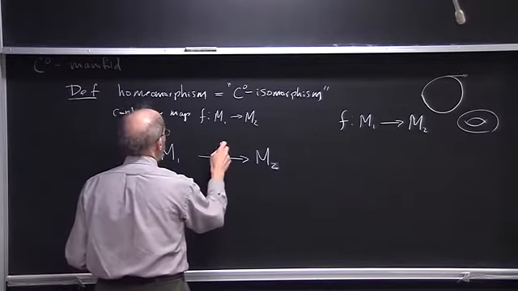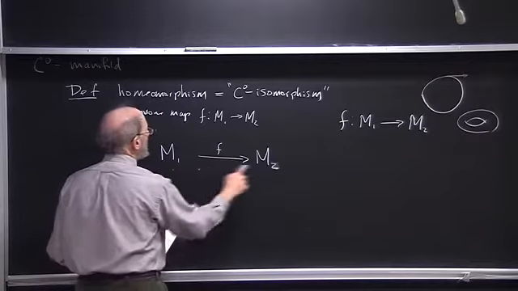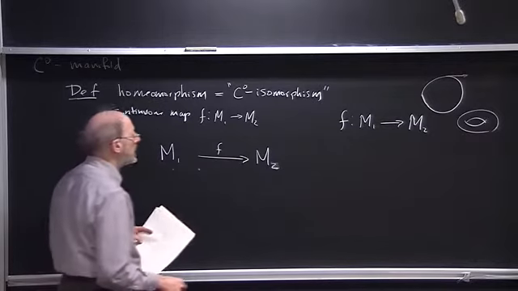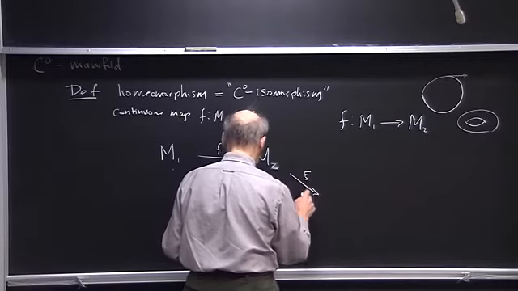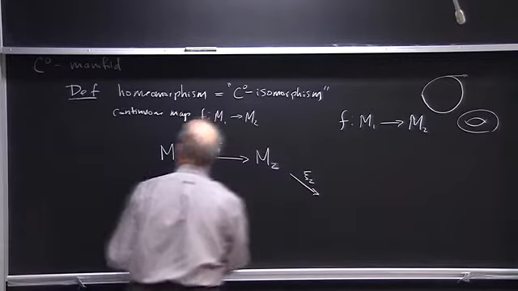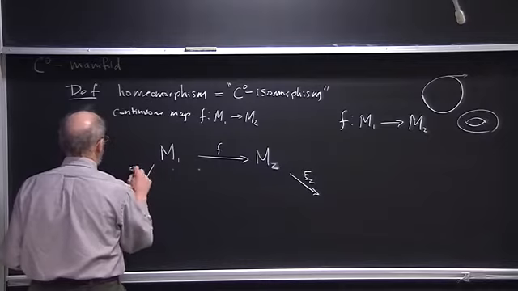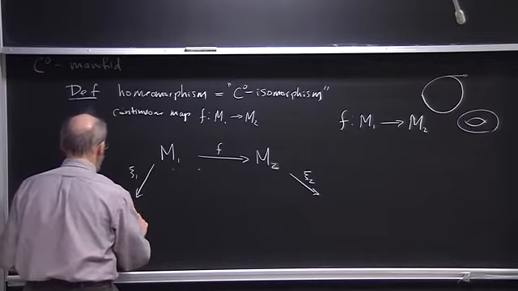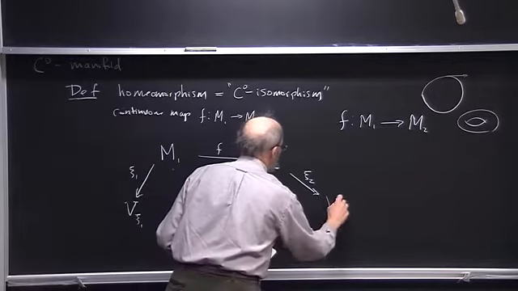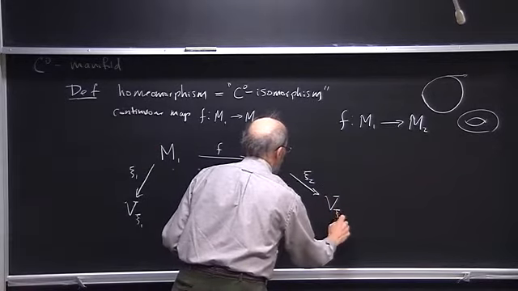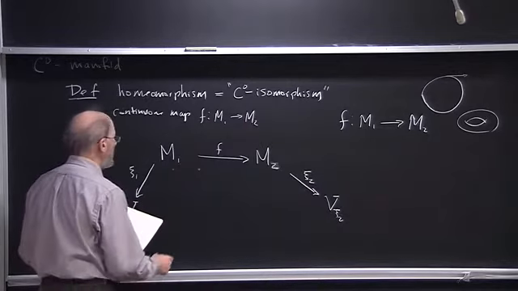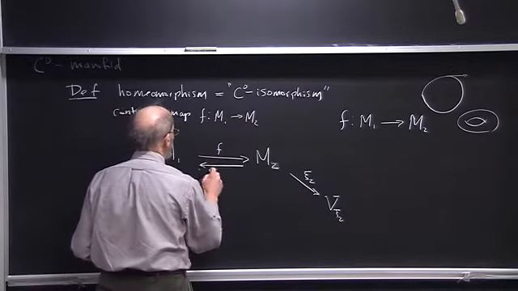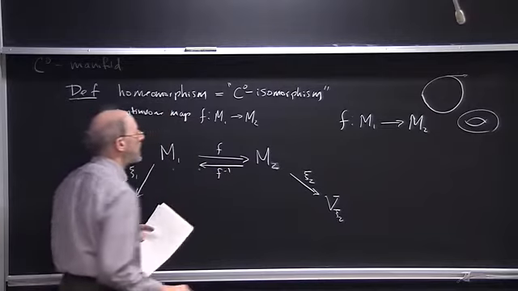So if we have a map F from manifold 1 to manifold 2, and we want to know if it's continuous, we introduce a chart for each one, C2 for this and C1 for this, taking their values in the vector spaces. And we also have, if we're interested in the isomorphism, F inverse going the other way.